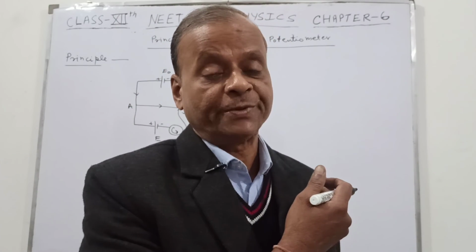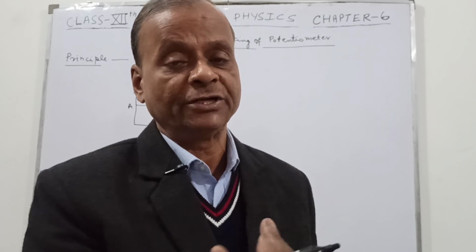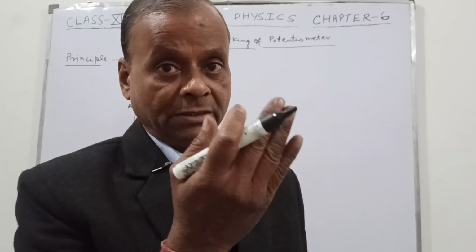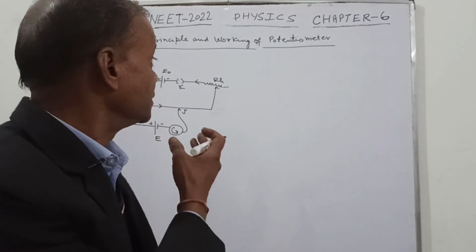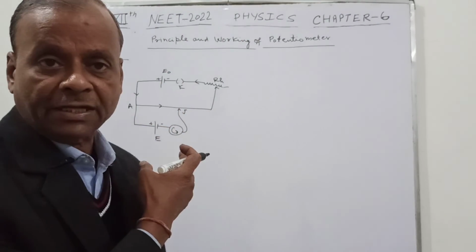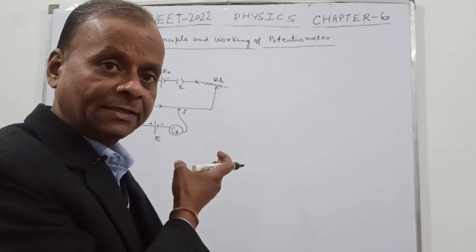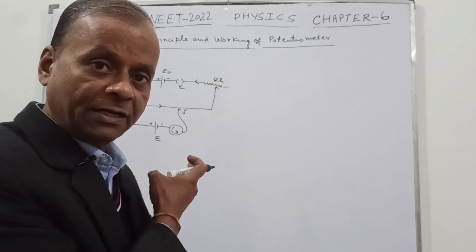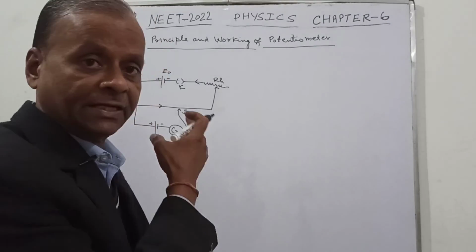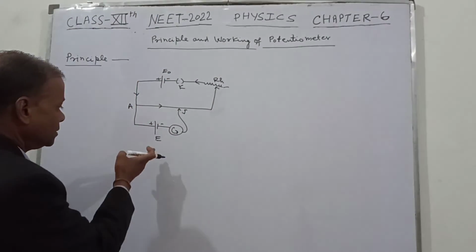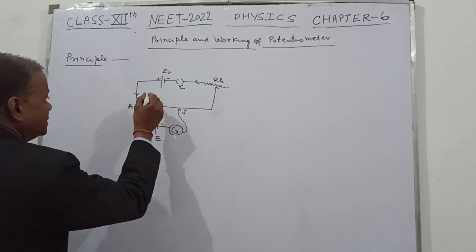So here in this figure I have shown you that AB is the potentiometer wire, and I have shown you the battery whose EMF is E naught, the key K and rheostat. This is the main circuit. The auxiliary circuit is that having a primary cell and a galvanometer and then a jockey. This is the main circuit.